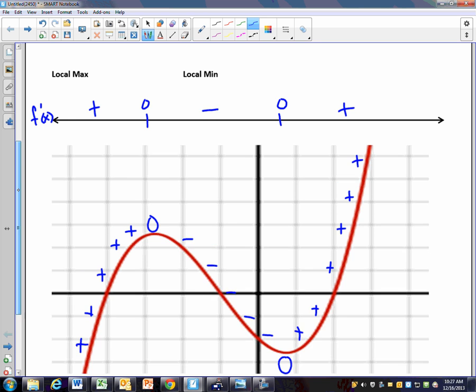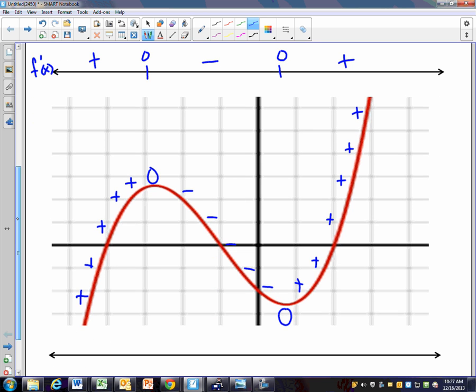The way we define it, though, is kind of interesting. Derivative positive or negative? The second derivative is the rate of change of the first derivative, right? The first derivative is the rate of change of the original function.